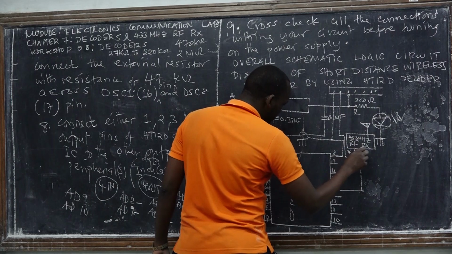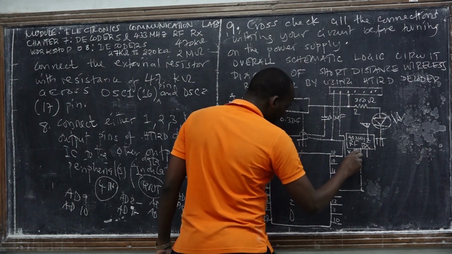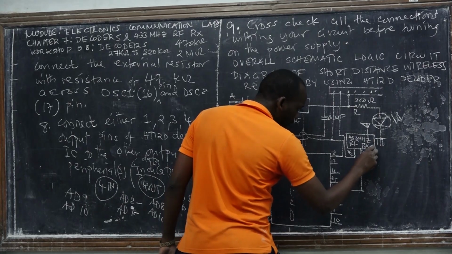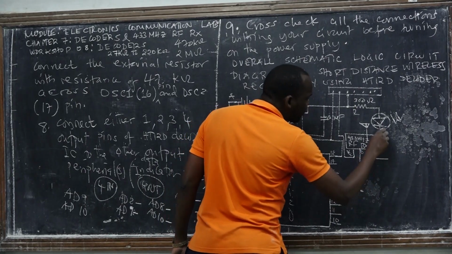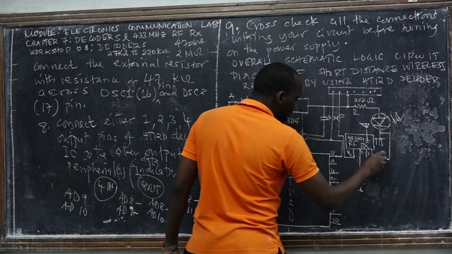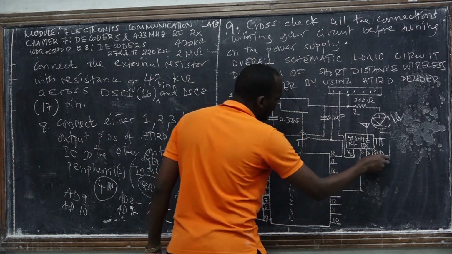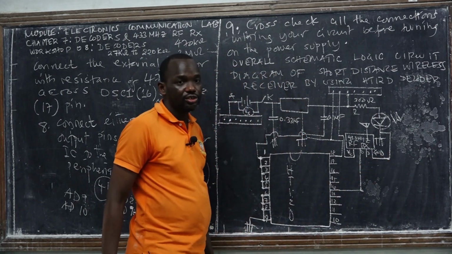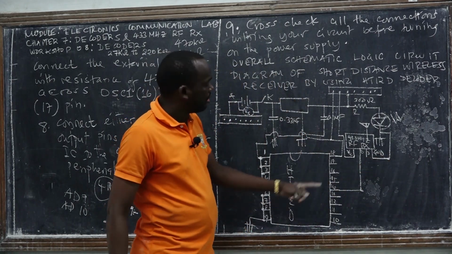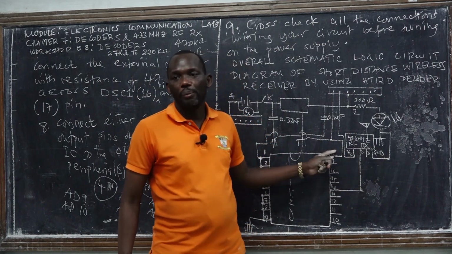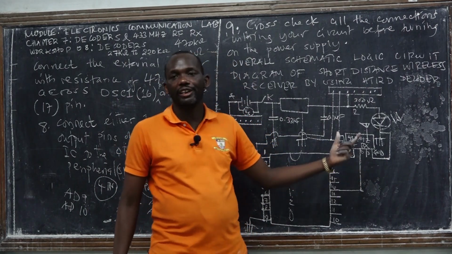It has 2 data pins: this is data pin number 1, data pin number 2. Another pin is a ground pin. Do you remember that in the previous session I asked you to take a photo of it? It has 4 pins: one for power, another for ground, and the 2 middle pins are for data.